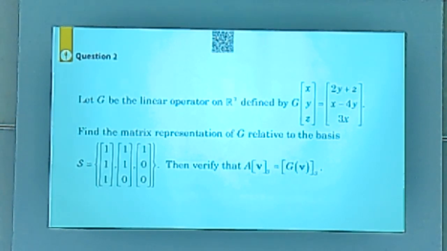Again, the first thing that we want to do is find the transformation of each of the three, in this case, basis vectors.